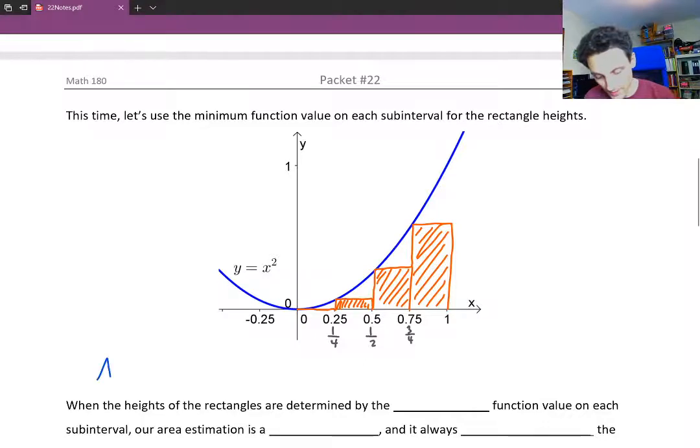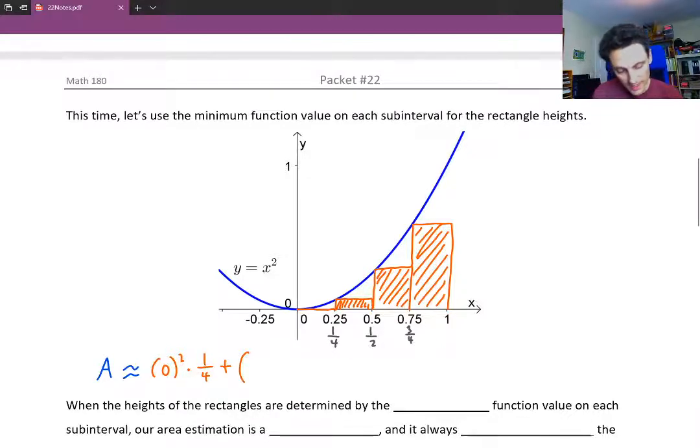So now we can approximate the area under the curve by adding up all of these areas of the rectangles. So we can say for the first rectangle, the x value that we plugged in was x equals 0, and you get a height of 0 for that one. The widths are still going to be the same. It's 1/4, just like it was before, because we've chopped up the interval into 4 subintervals. So you take the interval length, which is 1, and you divide it by 4, and that gives you the subinterval widths.